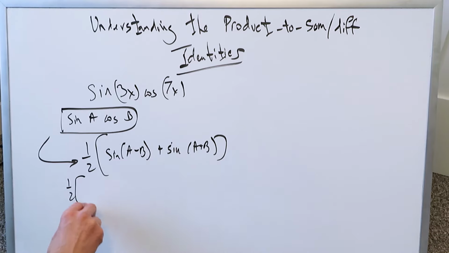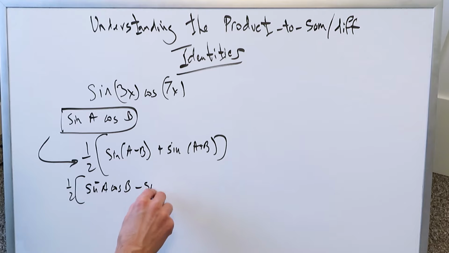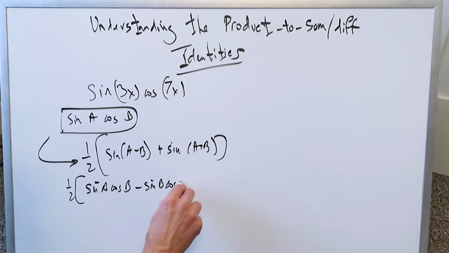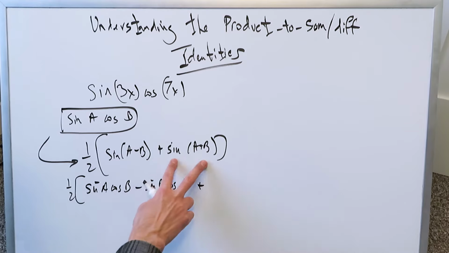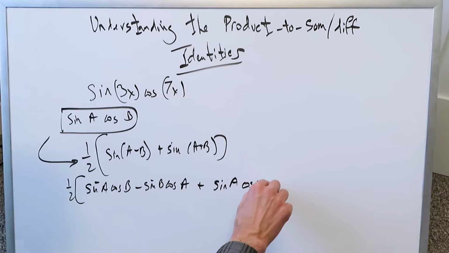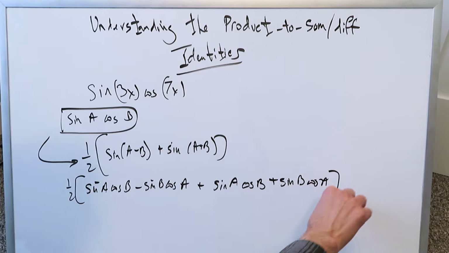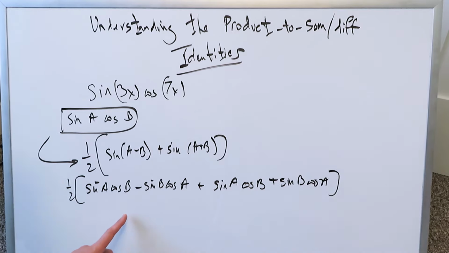If you have a 1 over 2 sitting outside, do the sine difference formula. You'll have a sine A cosine B, then you'll have a minus sine B cosine A, and then here at this plus sign, you do the sum formula. You'll have a sine A cosine B, and then you'll have a plus sine B cosine A. When you're doing this, and if you do it properly, look what will happen.